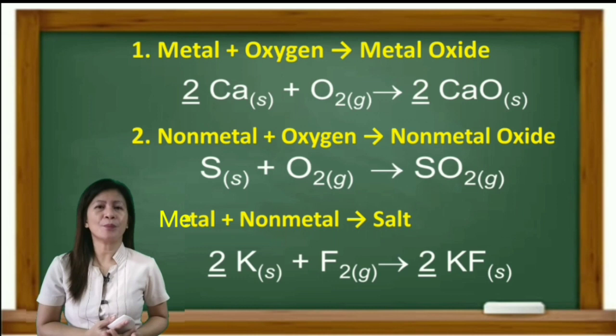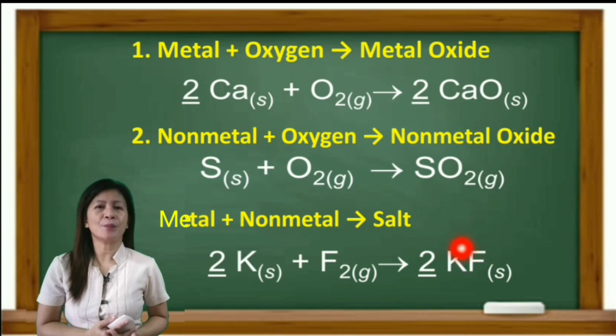Number 3, metal and non-metal to form salt or binary salt. So this will be a combination of a metal and non-metal to form a binary ionic compound. In this example, we have potassium and fluorine. As they combine, they will involve exchange, transfer of ions.